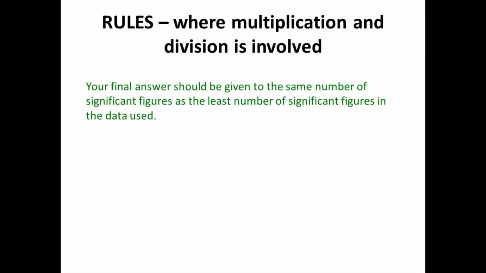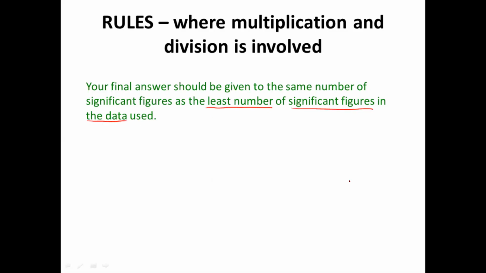Okay, so there are 2 sets of rules. The first set of rules is about multiplication and division. So when multiplication and division is involved, your final answer should be given to the same number of significant figures as the least number of significant figures of the data.